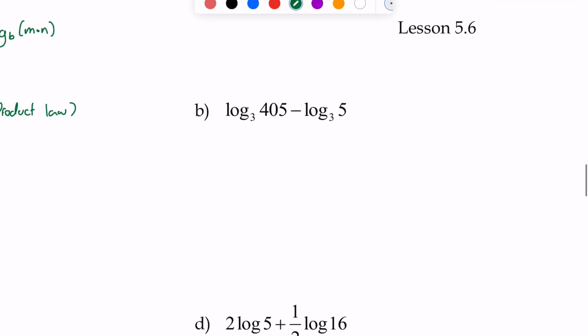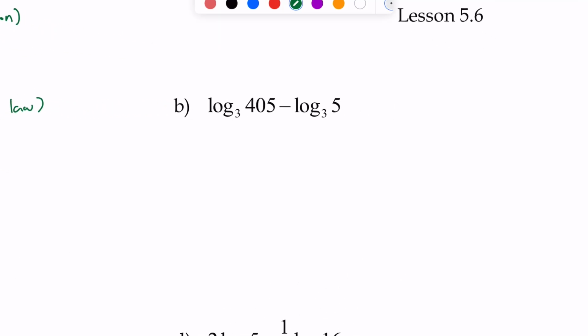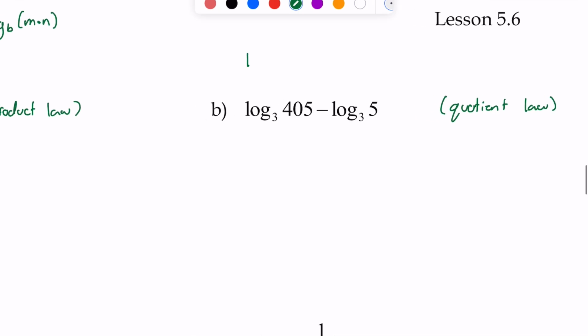Let's try it again here. Log base 3 of 405 minus log base 3 of 5. Well, this is my quotient. And how do I know? Well, again, I can see that I have the same base, B and B, and they're separated by subtraction here. So that says I can apply my quotient law.